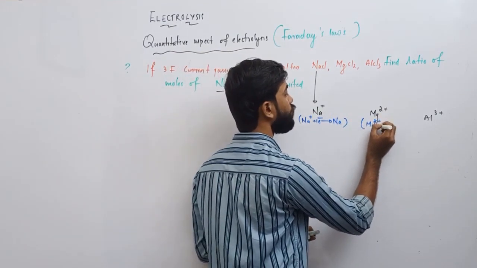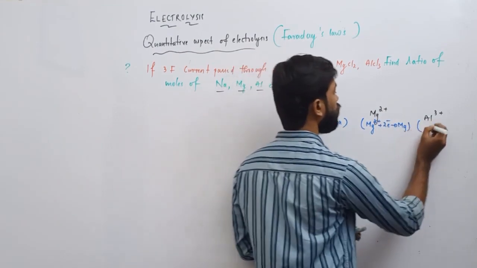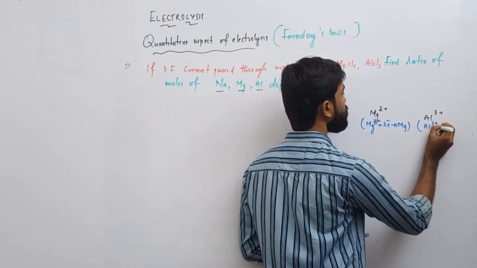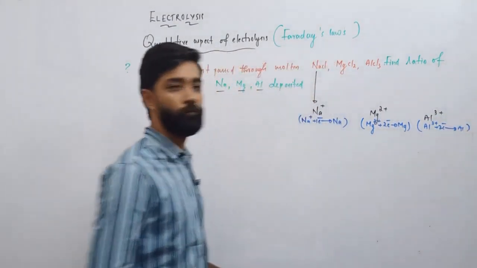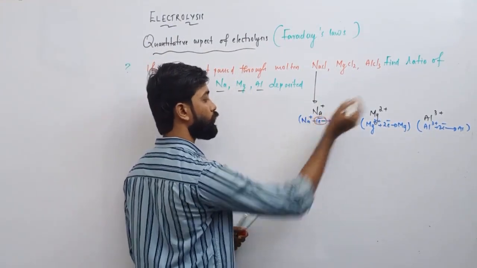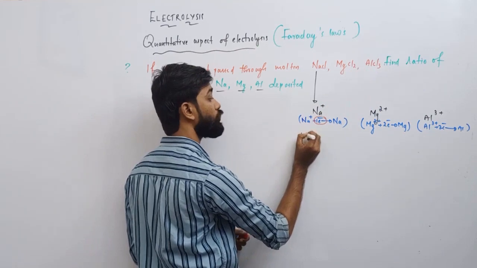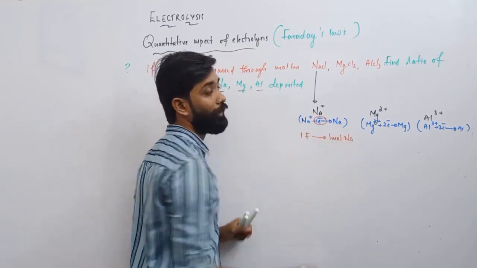Mg2 plus 2 electron gives Mg. Al3 plus 3 electron gives Al. So what can we write from here? Electron involved is 1, so 1 farad supplied, 1 mole sodium deposited, right?